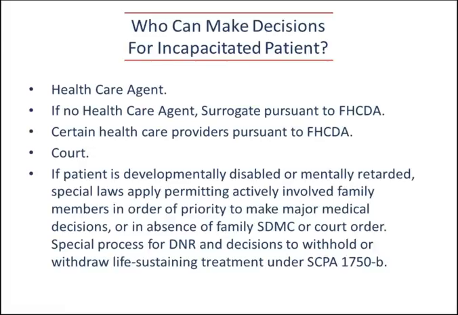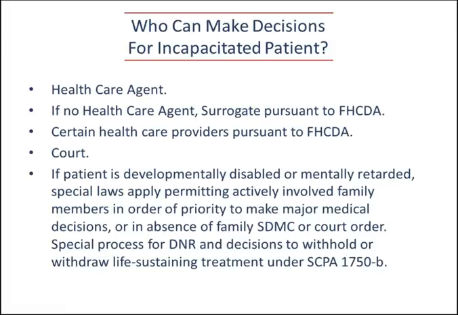If there's no healthcare agent, a surrogate who is identified under the Family Healthcare Decisions Act. If there's no healthcare agent or surrogate, certain healthcare providers can make healthcare decisions for an incapacitated patient, again, pursuant to and subject to the limitations of the Family Healthcare Decisions Act.